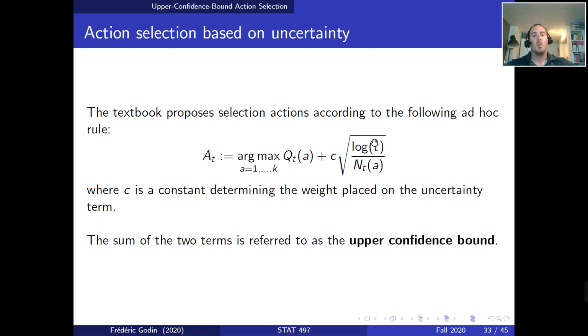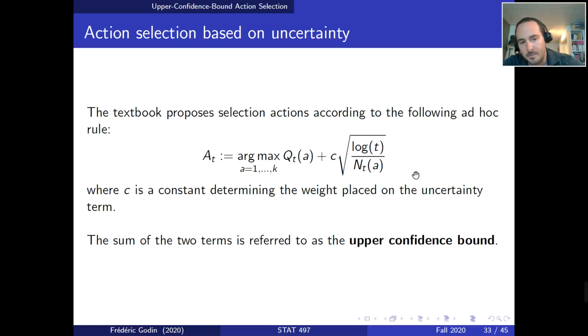Okay, so when you're selecting an action which maximizes this sum, if an action has high uncertainty, this term will be high and it's more likely that it will be sampled when trying to maximize this whole quantity. Okay, so we can see that the expression here is large either if the estimated expected reward is high or if there's high uncertainty associated with an action.